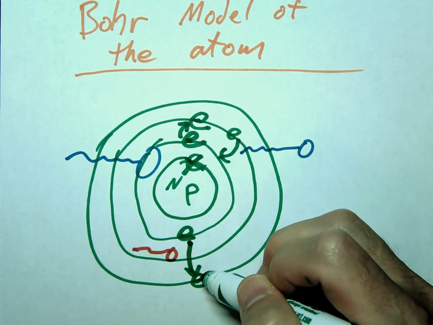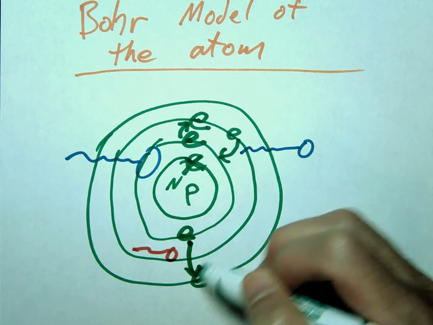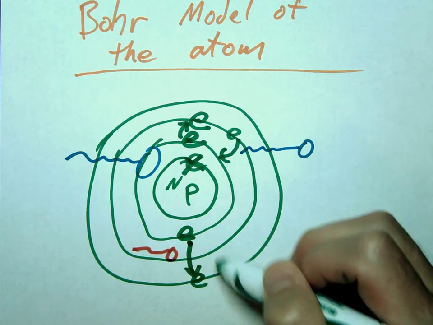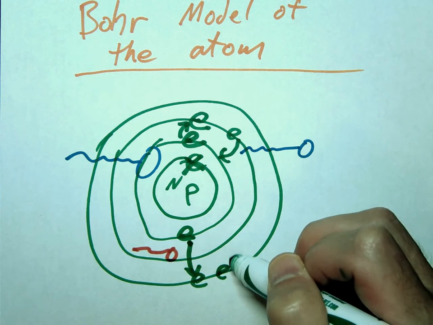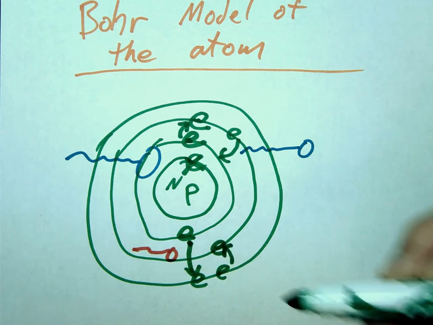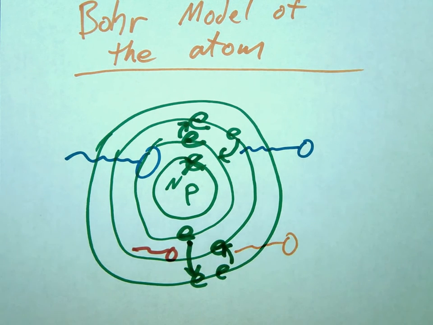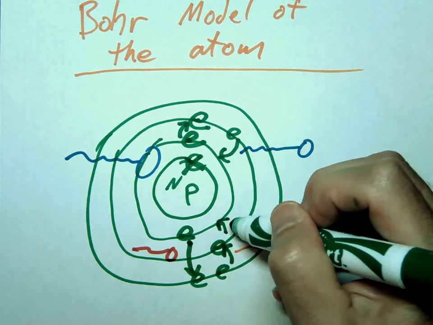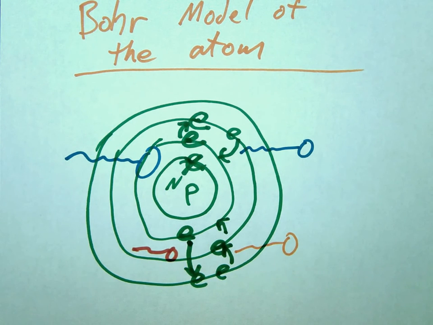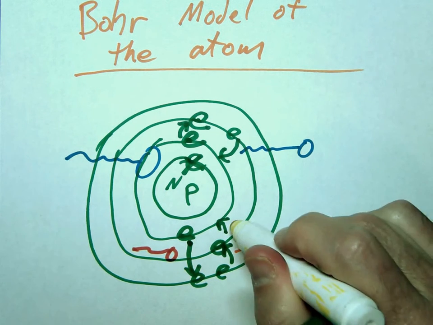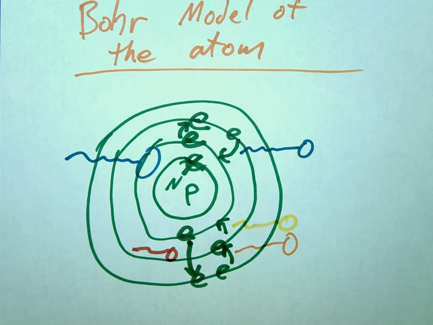Now this electron could come all the way back down, in which case it would release that same exact photon, but it could also go down here first, release a photon, and then drop back down again and release another photon. In this case one photon comes in and you end up with these 2 photons that get released as this electron goes back down.